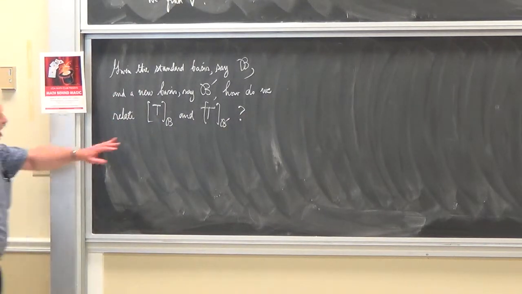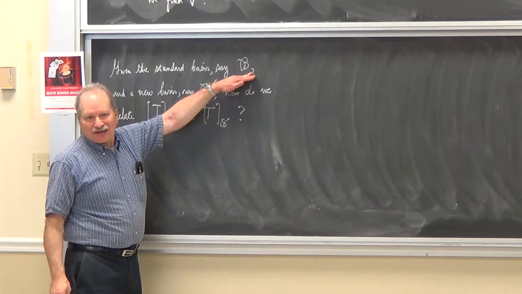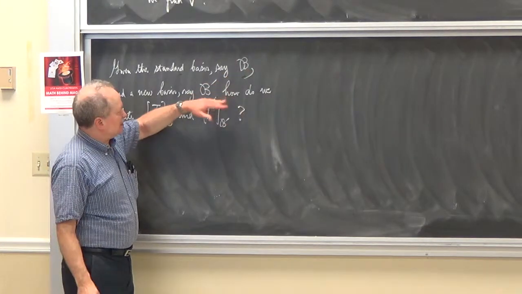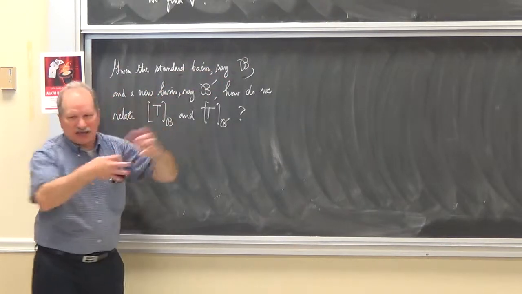So in the book, I'm not always thinking of the standard one as being B. But I think it's easier to think of it this way, and then you can always adapt yourself later.